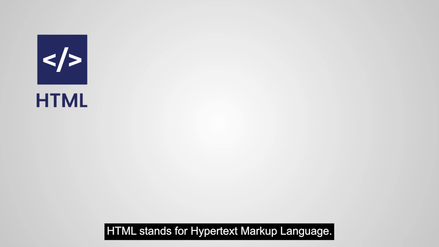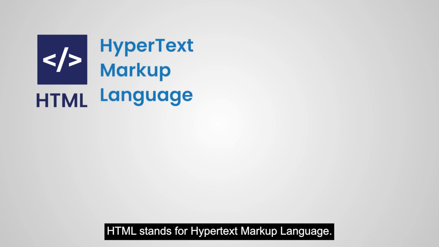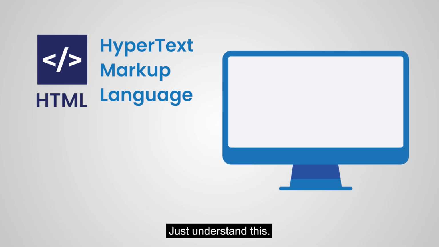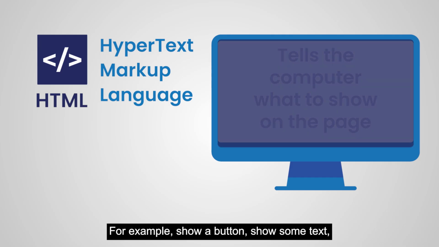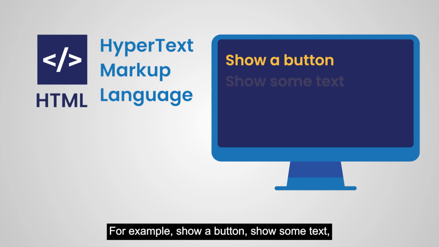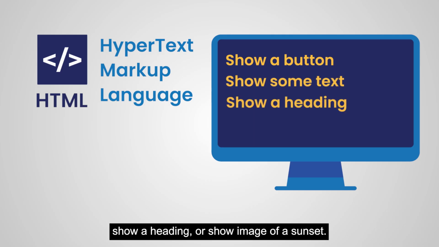First, HTML. HTML stands for Hypertext Markup Language. But students, don't worry about the long name. Just understand this. HTML tells the computer what to show on the page. For example, show a button, show some text, show a heading, or show image of a sunset.